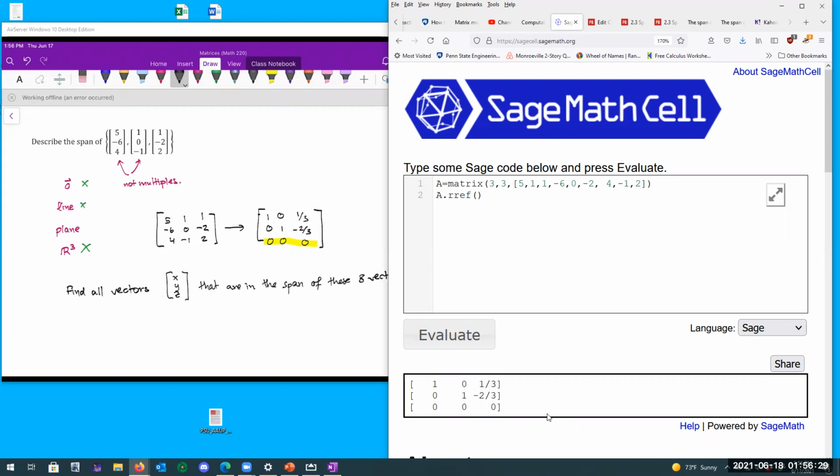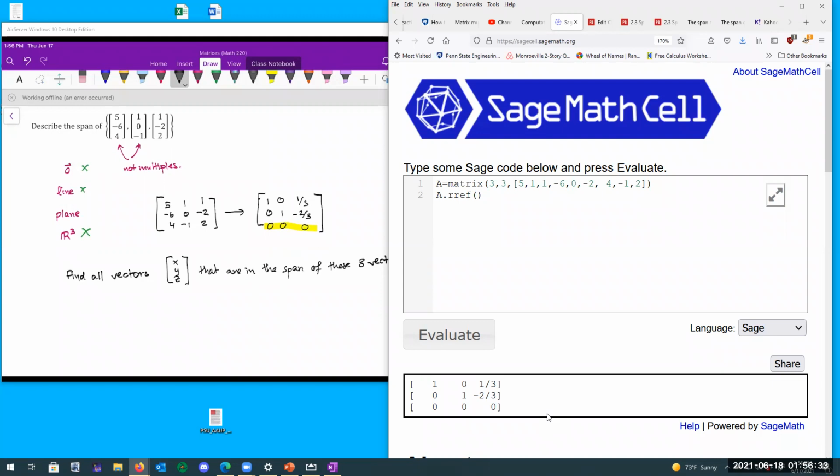We'll learn other approaches as well this semester. I'm going to do this row reduction by hand. Notice there's no particular order when we're writing this, so when I write down my vectors, I'm going to put them in an order that's a little bit easier for me to think about. So I'm going to start with the second vector, and then 1, -2, 2, and 5, -6, 4. And we're augmenting with this vector x, y, z.